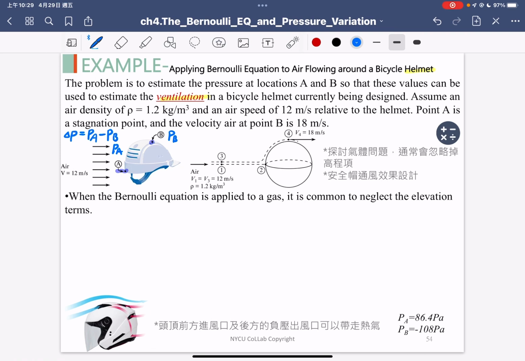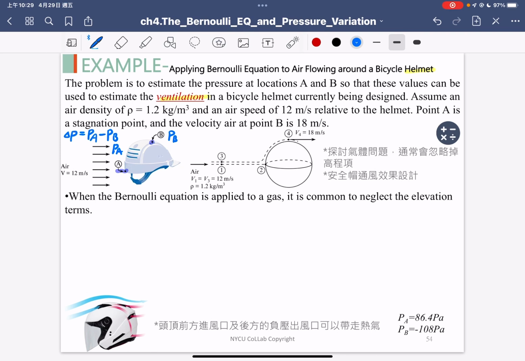So for the ventilation behavior, if the delta P is large, that indicates the ventilation behavior is good. If the delta P is small, the helmet design is not quite good because the ventilation is poor. OK，所以 delta P 越大就代表越通风，所以我们要去算 delta P 有多大.